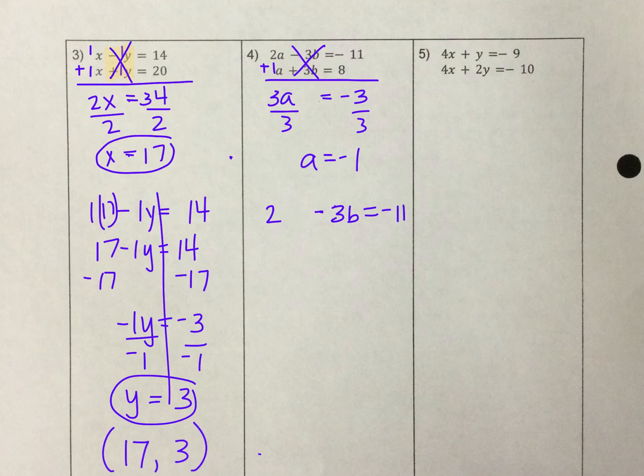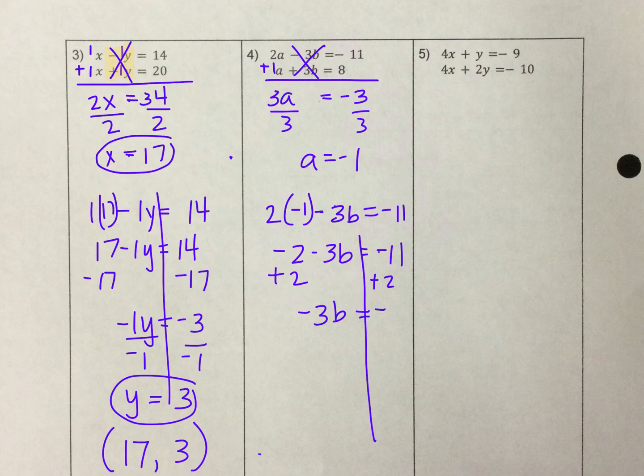Replace that a with a -1. -2 minus 3b equals -11. I'm going to add 2. And I end up with -3b, don't lose your negatives, equals -9. Divide by -3, b is 3. Now, these are not x's and y's, they're a's and b's, but that doesn't matter. We still have to write them in order. So the a comes first, then the b.